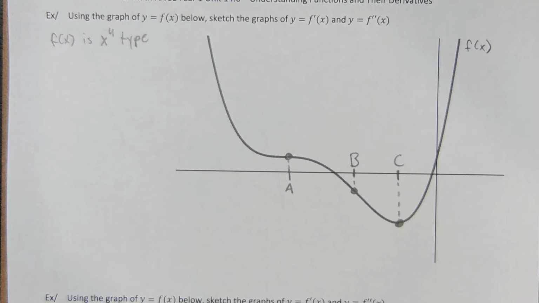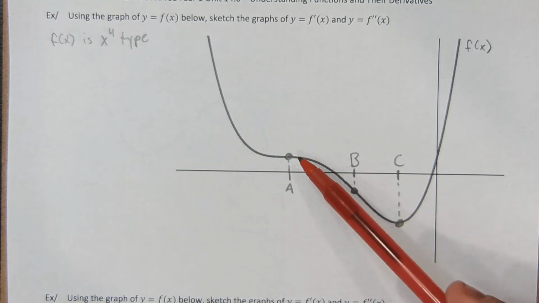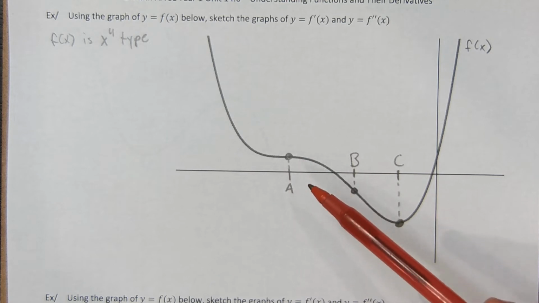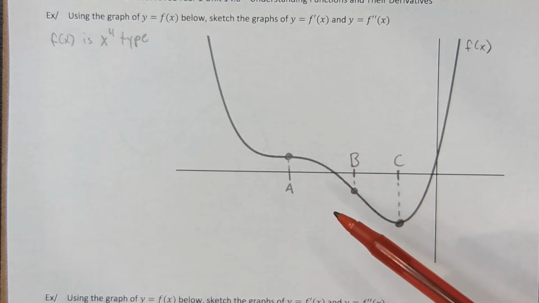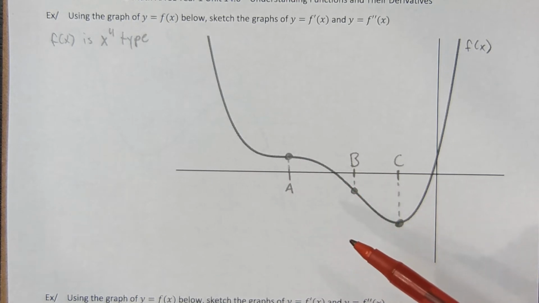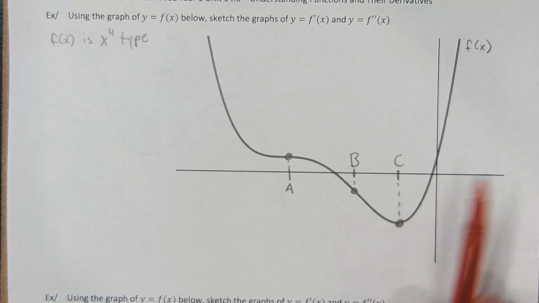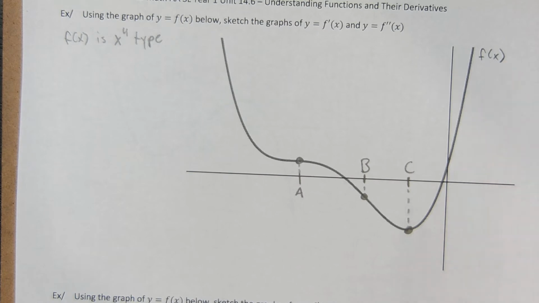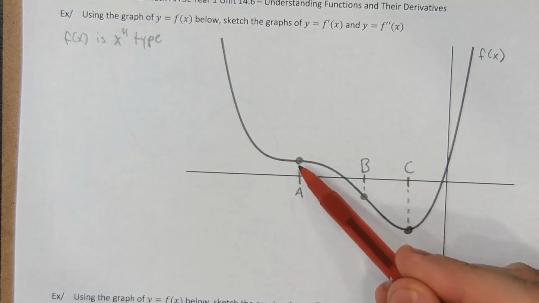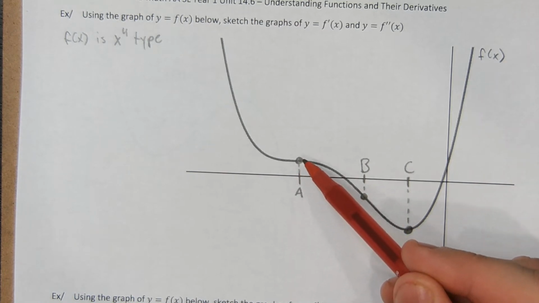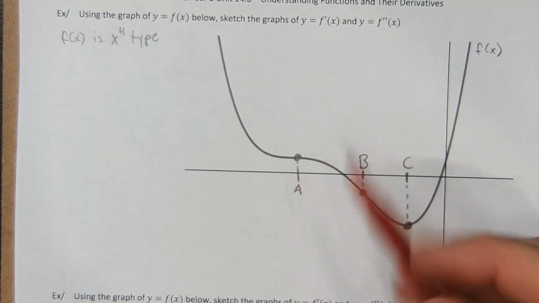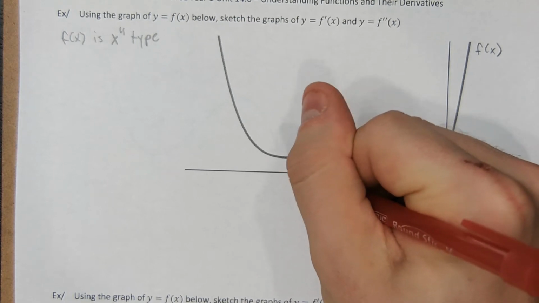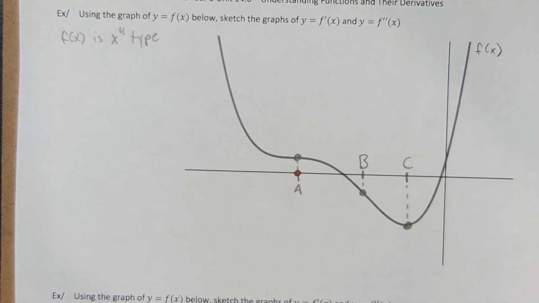All right, now, anytime our graph is flat, that means we have a slope of 0. Which means if you were graphing f prime, its y values are actually the slope values of f of x. So at this point right here, f of x has a slope of 0. That means it is an x-intercept of f prime of x.